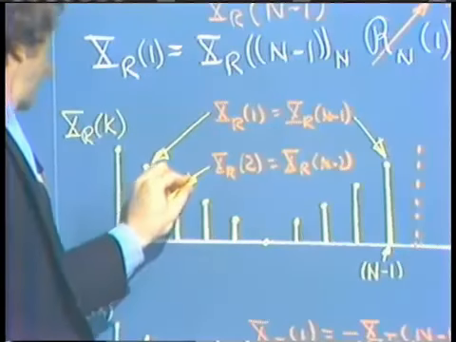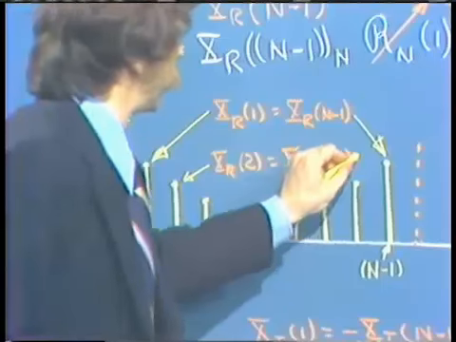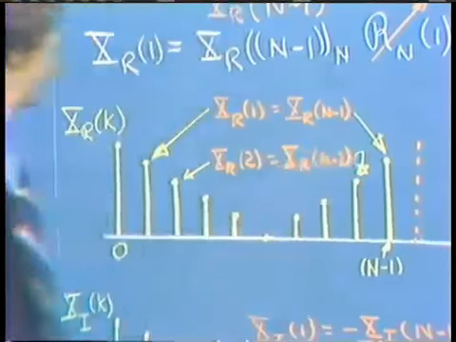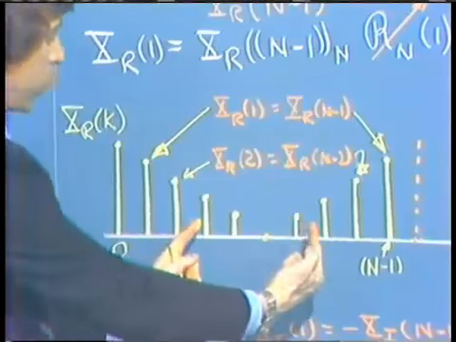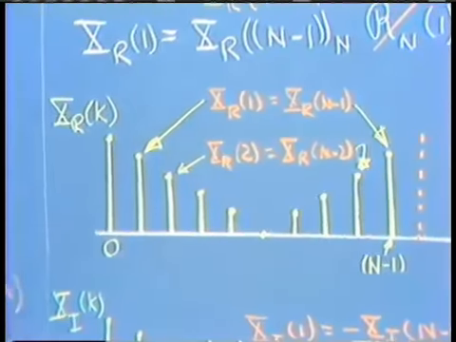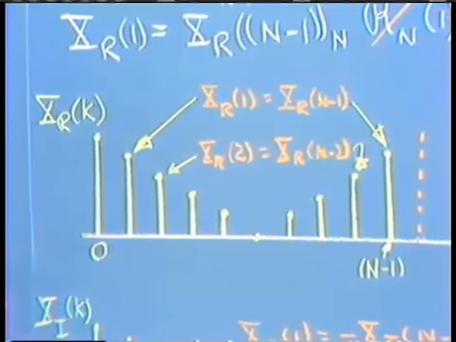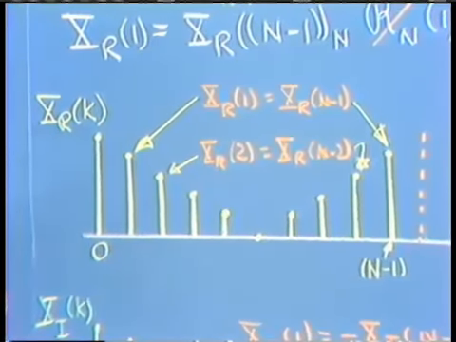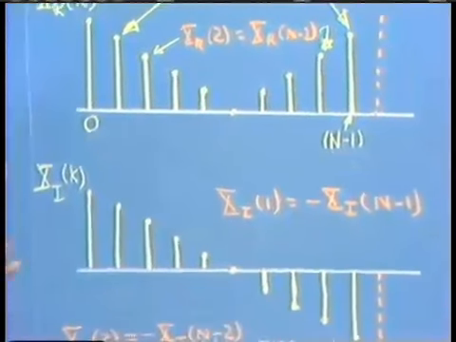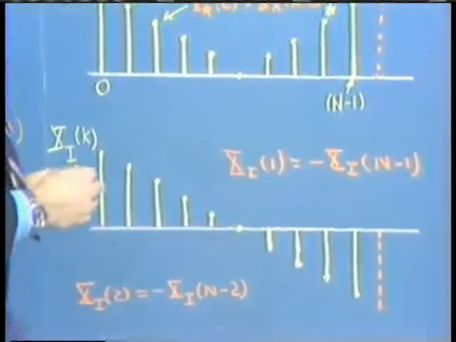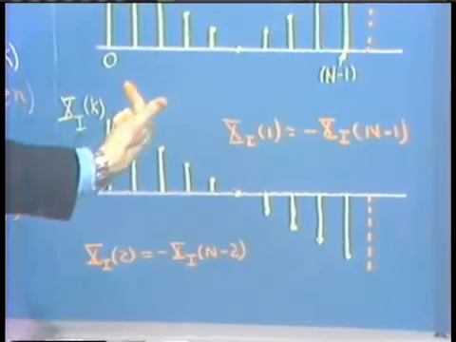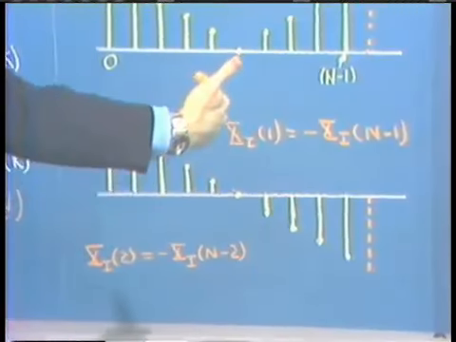That says that this value is equal to that value. And likewise, this value is equal to this one is equal to that one, etc. In a similar way, we have a statement that tells us that the imaginary part is odd in exactly the same sense. In other words, that there's a symmetry as we look at the imaginary part coming in from both sides of the sequence.